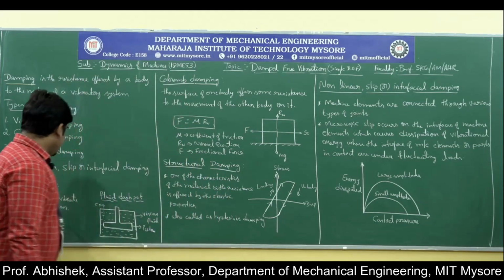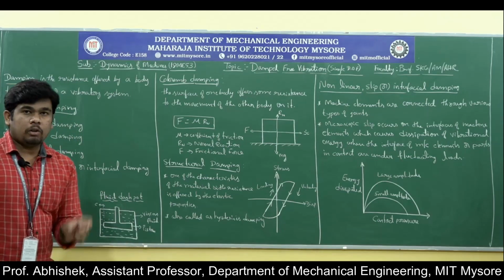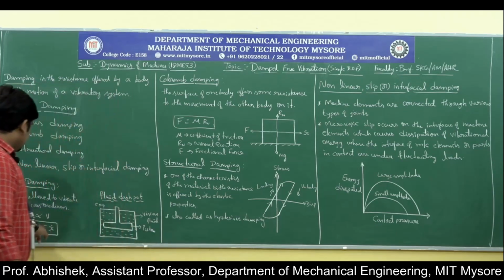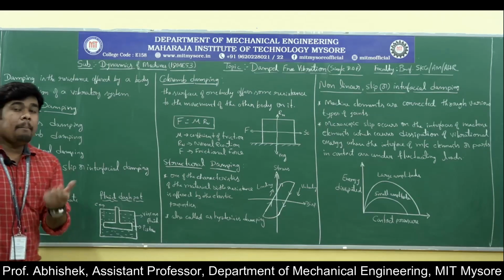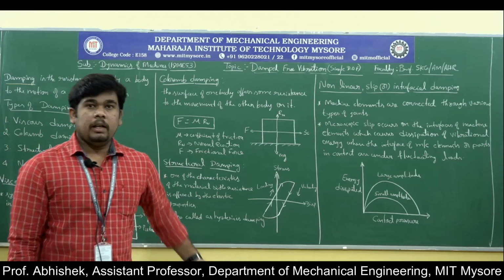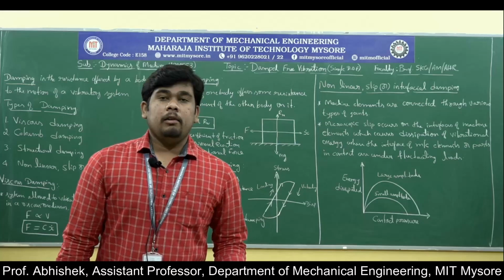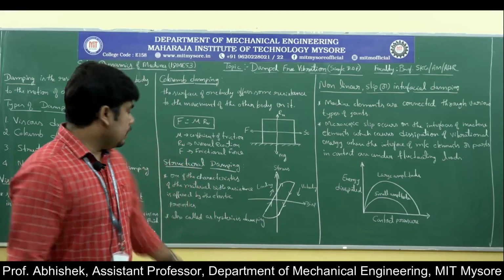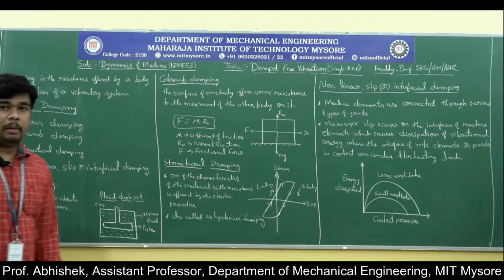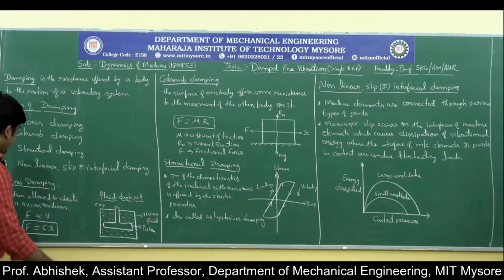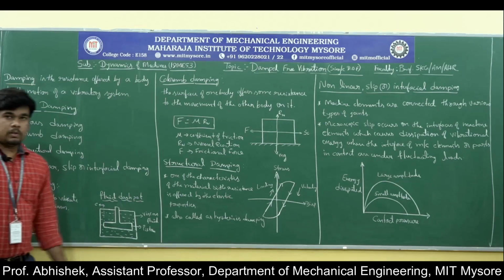So in place of V I have taken x dot, that is the velocity, and this C is nothing but the damping coefficient. In the viscous damping there will be a damping coefficient, that is the C. So the final expression will be F is equal to C into x dot. Force of friction is directly proportional to the velocity.